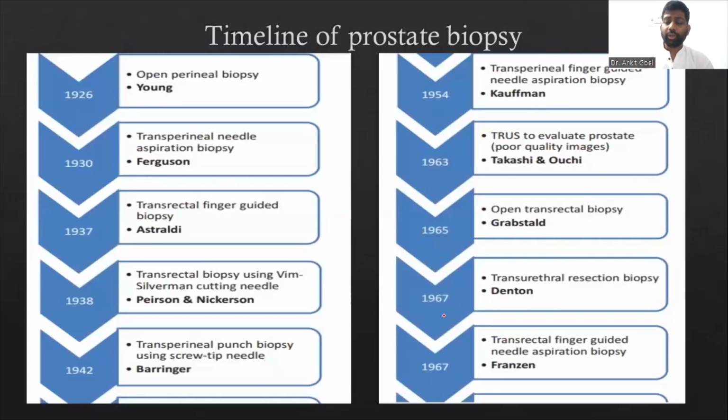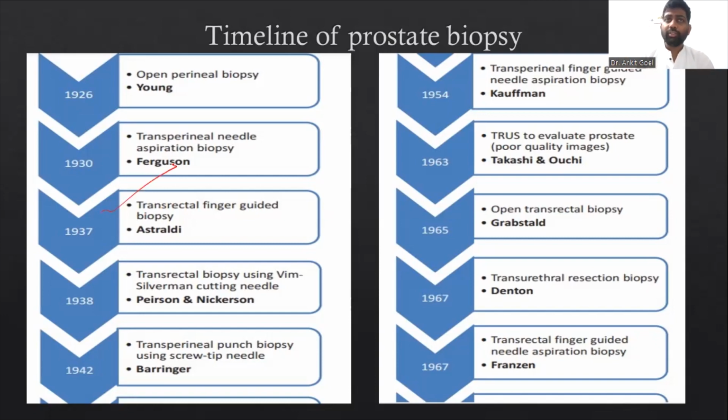Let's move on. How did the prostate biopsy evolve? The first ever prostate biopsy that was performed was an open perineal biopsy, which was performed in 1926 by Young. The first ever transrectal biopsy was a transrectal finger-guided biopsy in 1937.